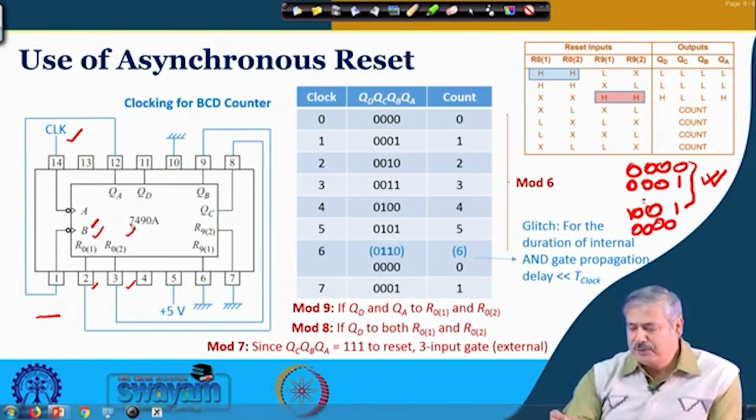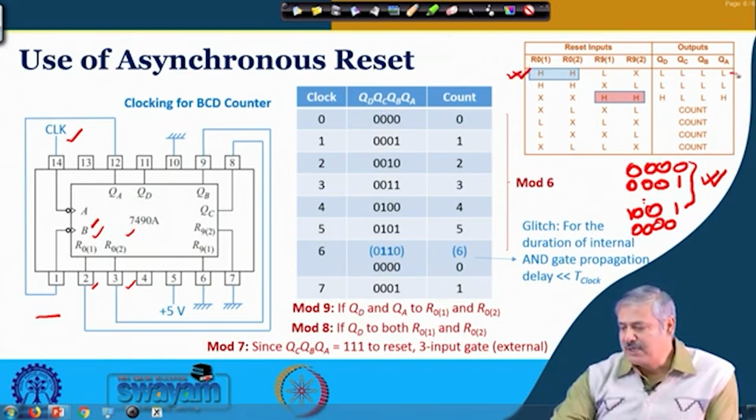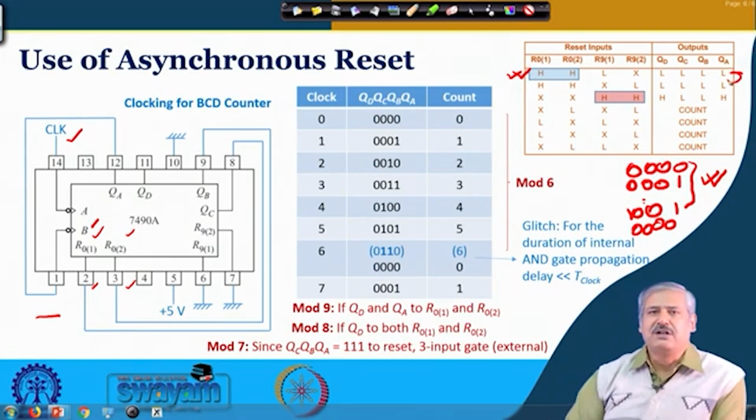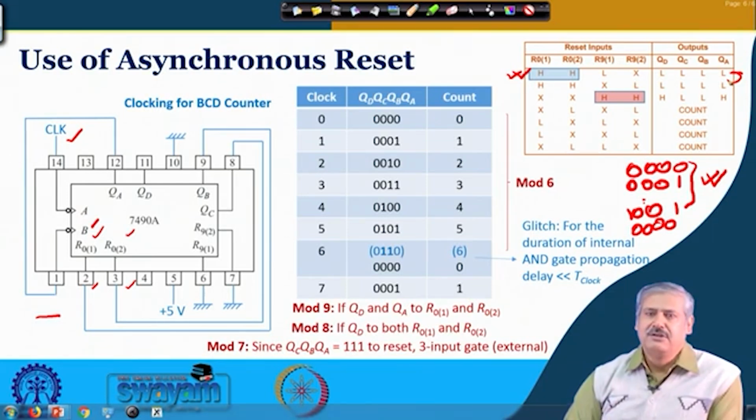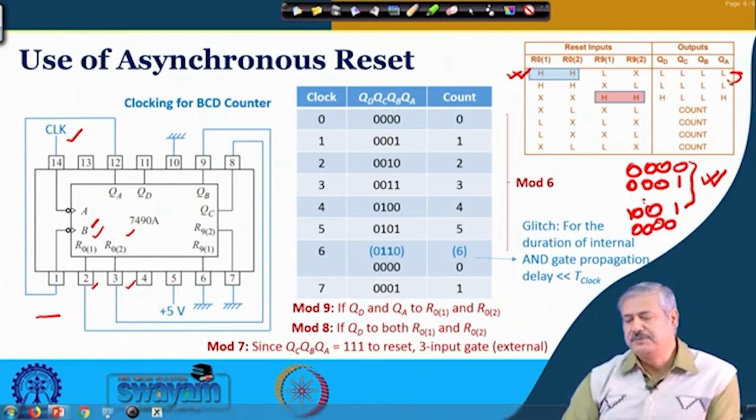When both of them are high, the counter is asynchronously reset. That means, immediately after the short propagation delay of the internal AND gate, all of QA, QB, QC, QD acquire the value 0.